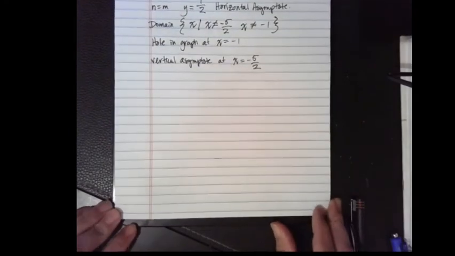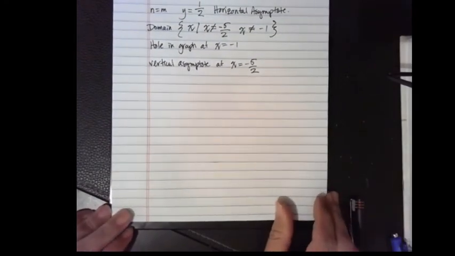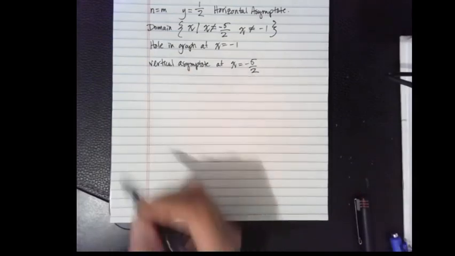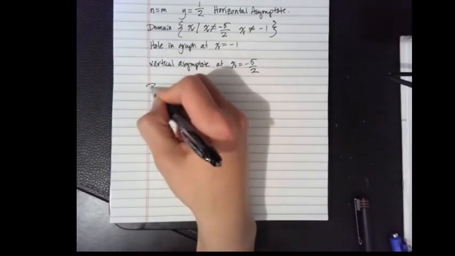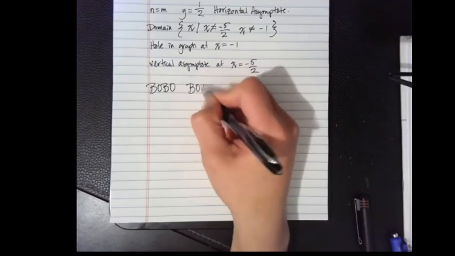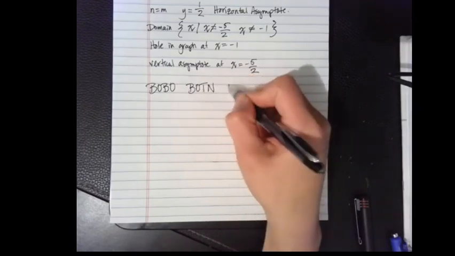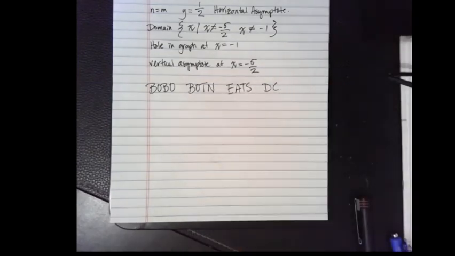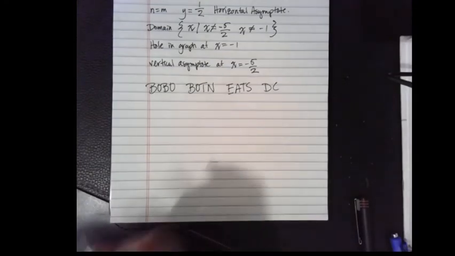So there's a mnemonic that helps people remember how to find horizontal asymptotes. And it's BO, BO, BOTN, EATS, DC. BO, BO, BOTN, EATS, DC.